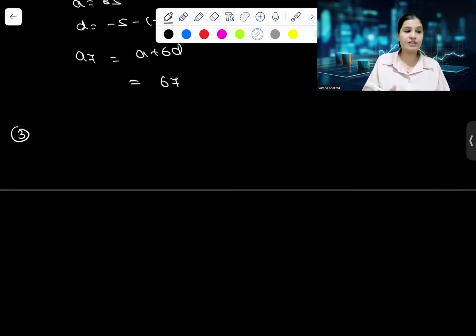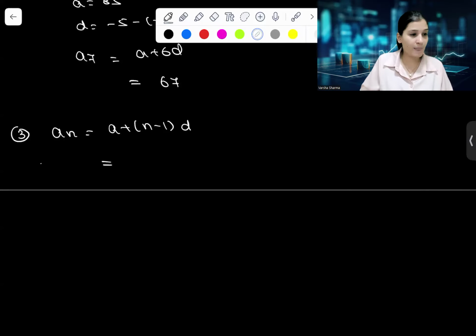Question number 4. Which is the first negative term? We did this question in our last class also. In order to find the first negative term, we need to first find the general term or the nth term. So A plus n minus 1 D. A is 19, plus n minus 1.